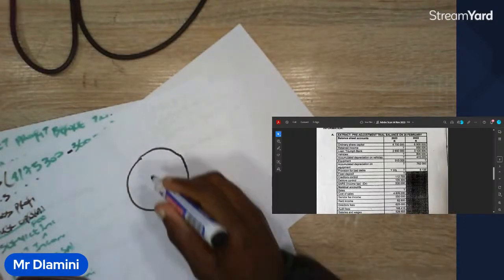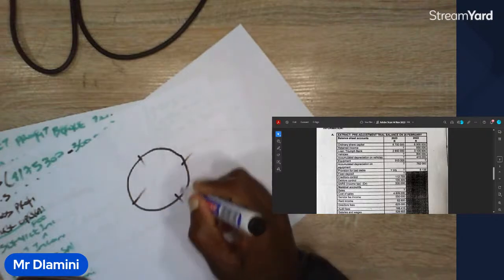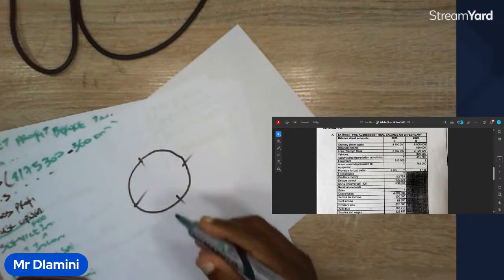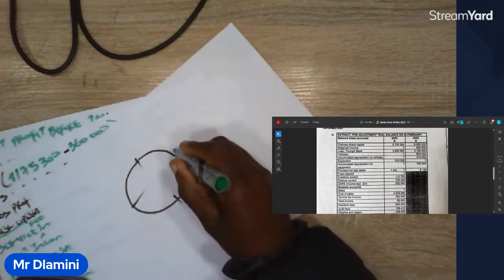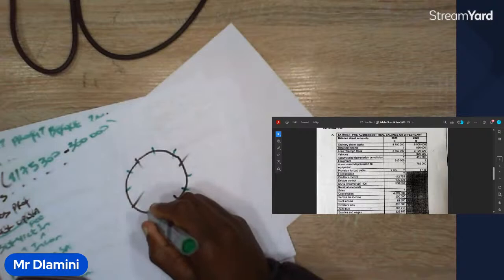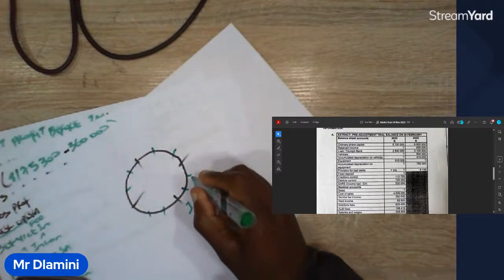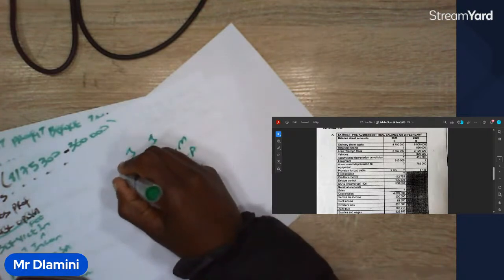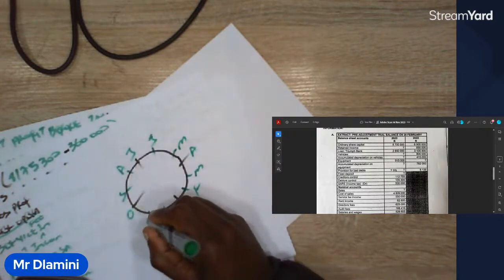If you are using a circle, you can use it like this, like you are doing a watch, and then in between you are saying 1, 2, 1, 2. So January, February, March, April, May, June, July, August, September, October, November.